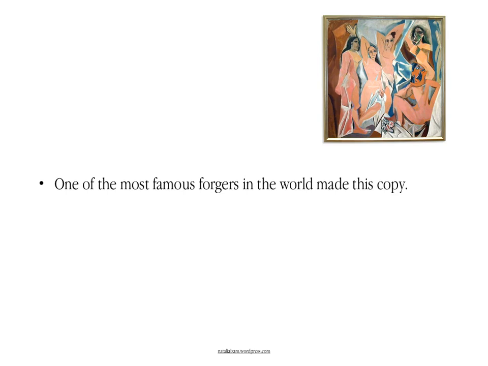You may find an active sentence saying something like, one of the most famous forgers in the world, that would be the subject, made, verb, this copy. Okay, so this is all subject, verb, and object. Probably the most important thing in this particular sentence is not the forger, but probably this copy that we have here, which is a very good copy, for example.